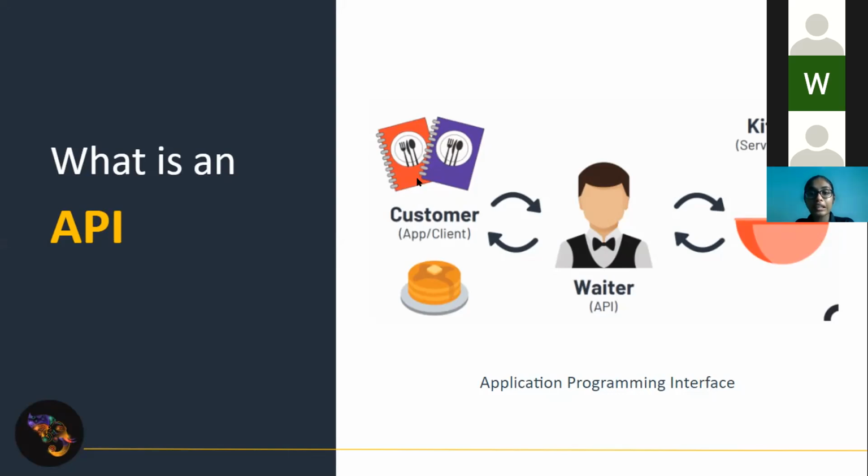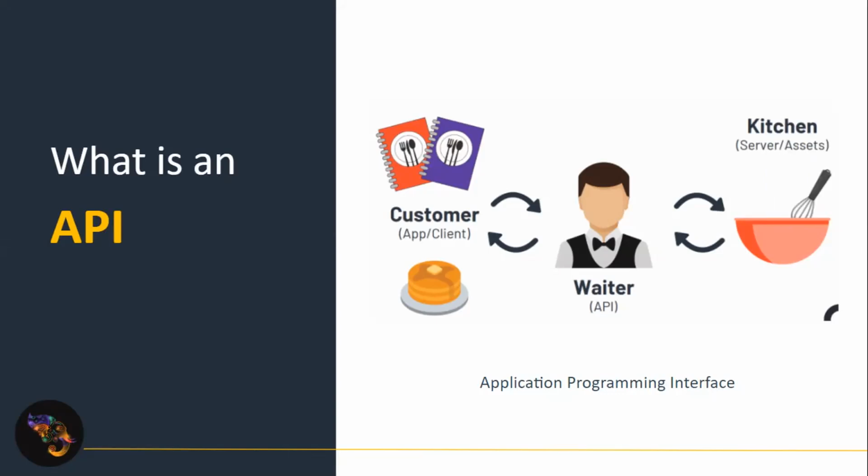Now relate it to a certain application, a computer system, or organization A. What will I do? Will I go to the restaurant and straight away go to the kitchen? No, right? As if it is my home kitchen, I won't walk into that kitchen. What I will do is go and sit at a table, and there will be a person coming to help me. He's called the waiter.